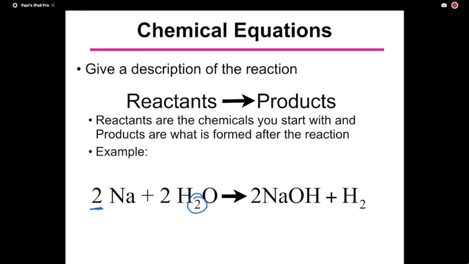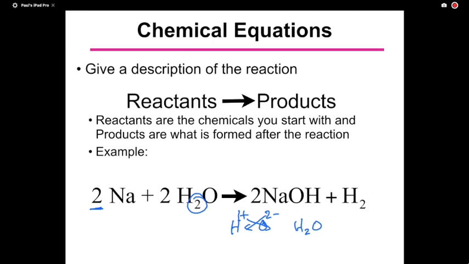The number that is circled is called a subscript, and the number that is underlined is called a coefficient. The subscript number comes from the fact that when hydrogen reacts, it is a +1, and when oxygen reacts, it's a -2, and I have to do my cross, and I get H2O.